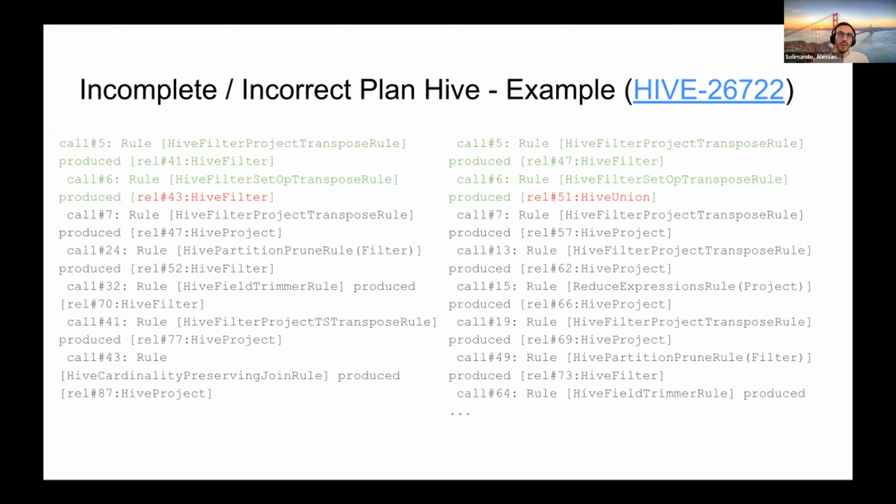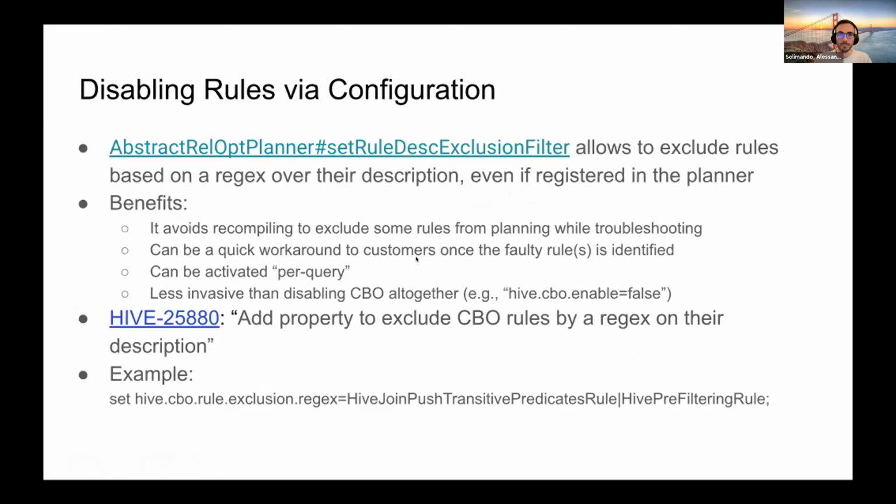So the problem was finally a bad way to call rec simplify. So we could simply fix the way it was calling it and remove this, let's say, false positive that was leading to having an incomplete plan and fixing the issue.